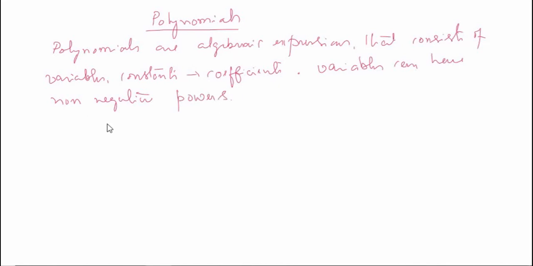Let us take examples like 4x square minus 3x plus 7. This is p of x, variable in x. Now here variable in y. So let us take a linear polynomial, 4y minus 3.